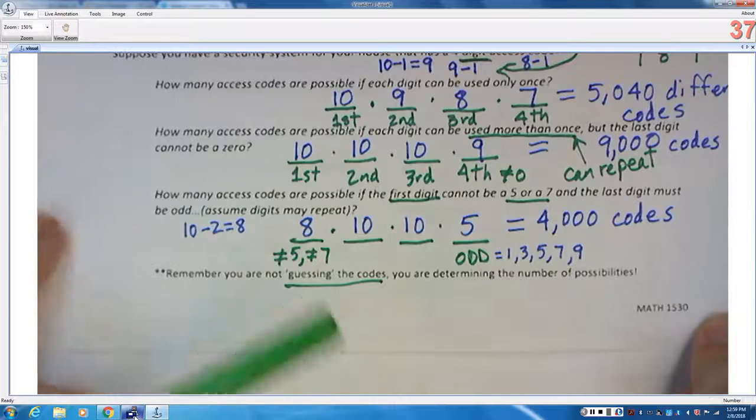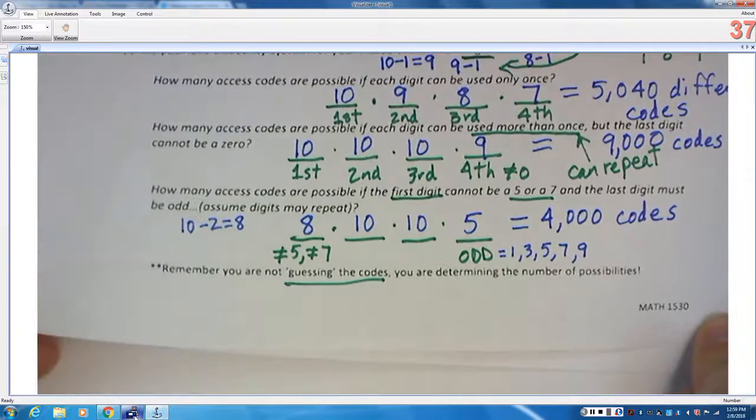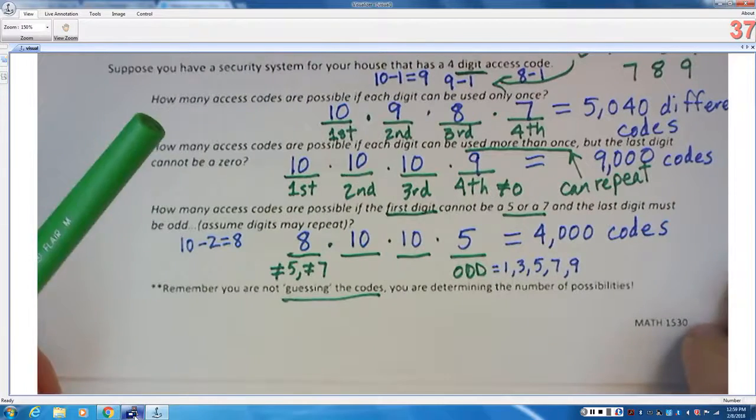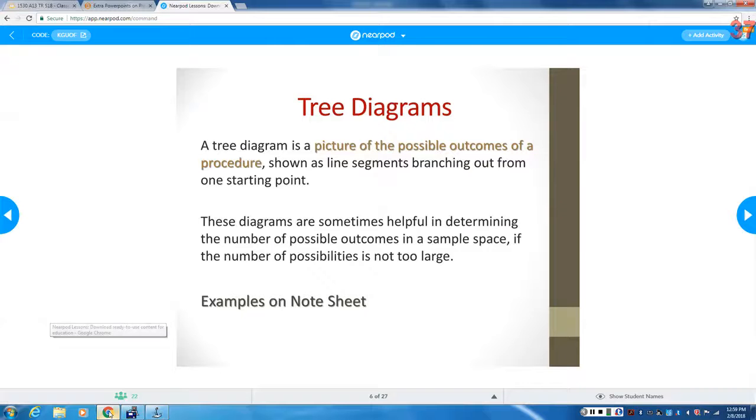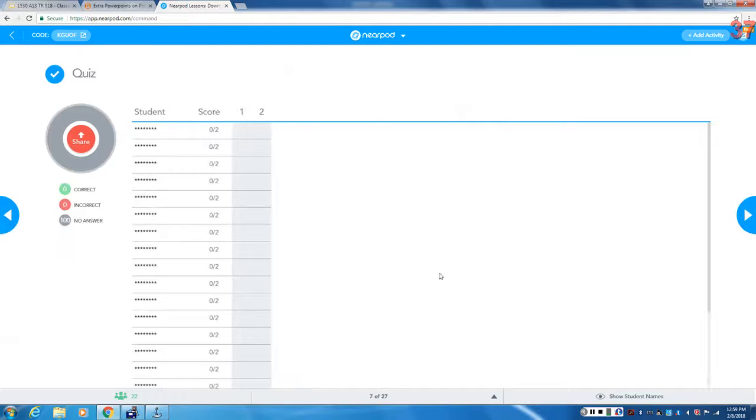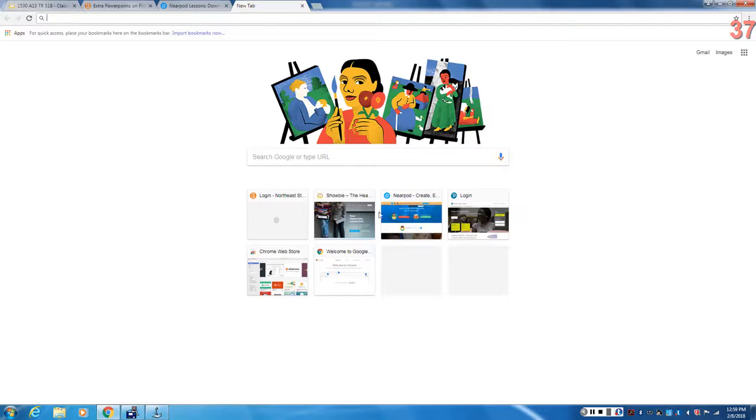Okay? So I think now we can take that quiz. All right, and I'm going to go into Nearpod and enter it too so I can look at the quiz.